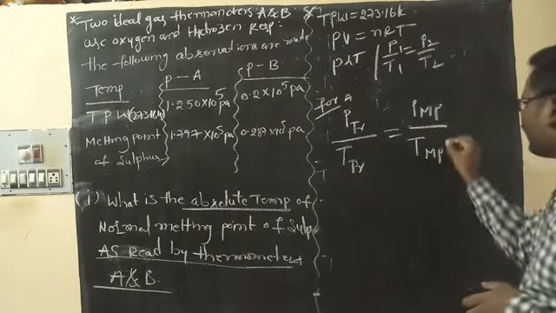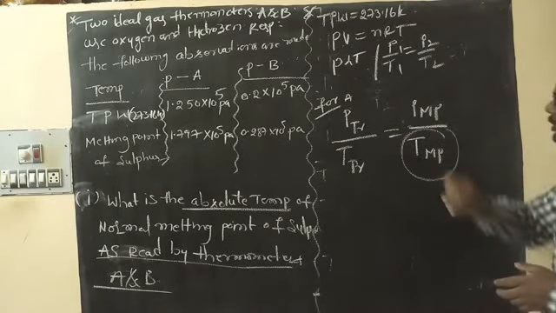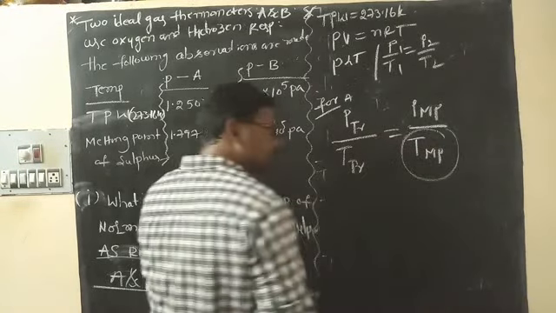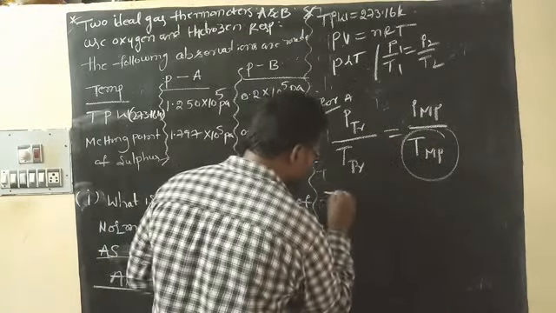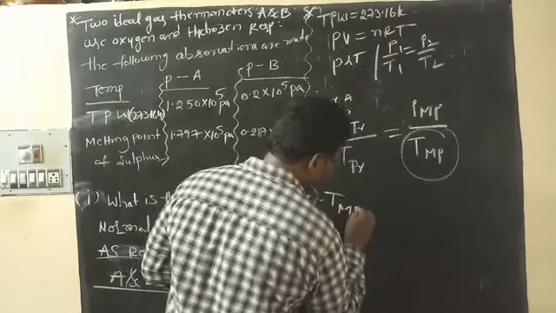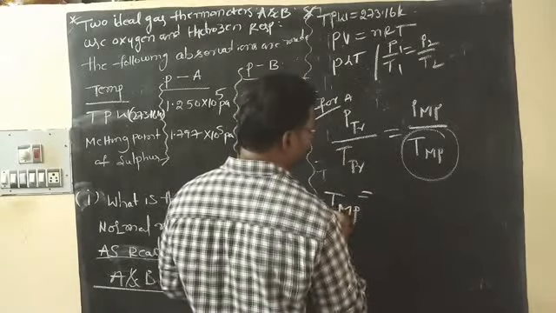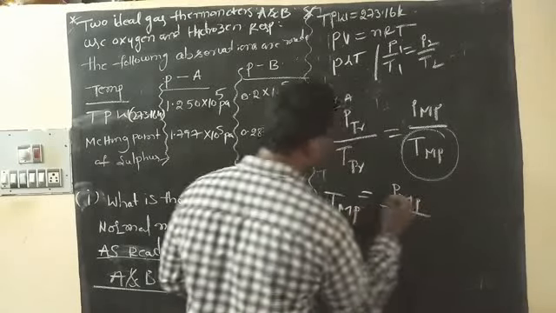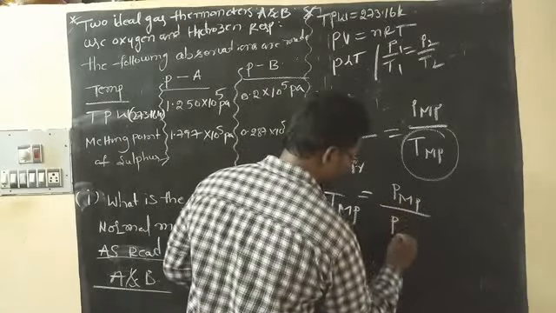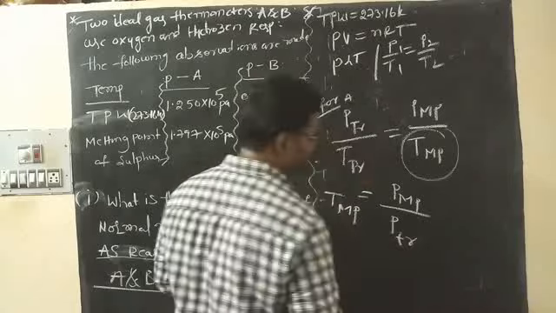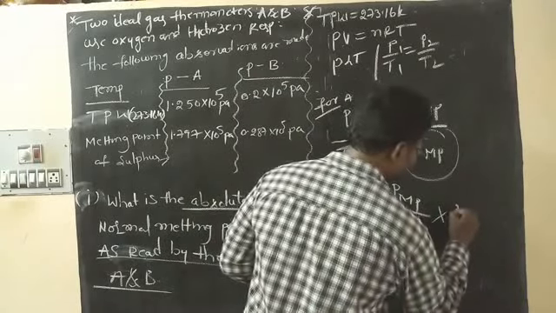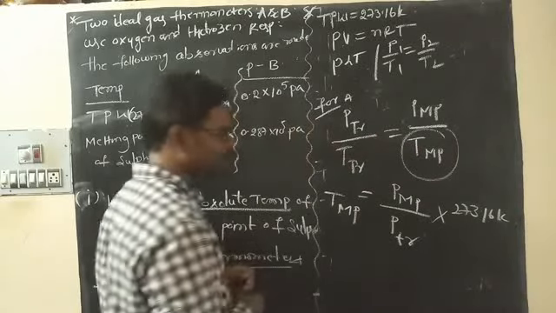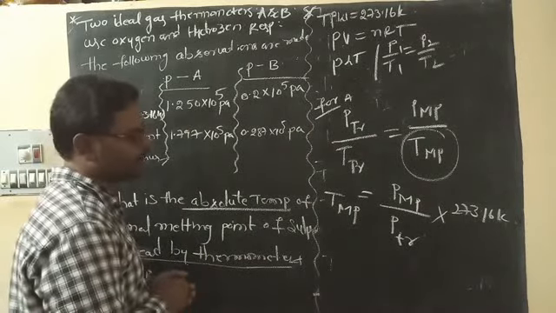Here we have to find out the melting point temperature of sulfur, isn't it? Now T melting point is equal to P melting point by triple point pressure into 273.16 Kelvin.